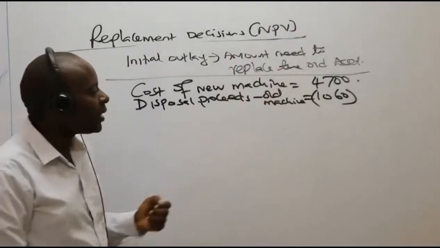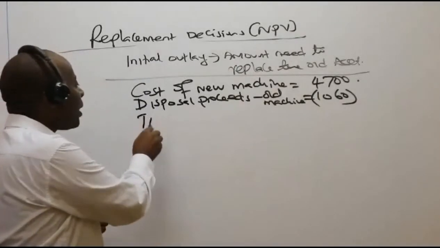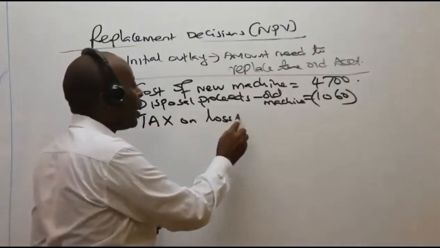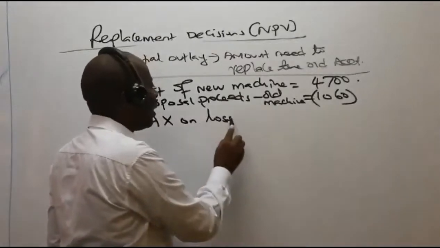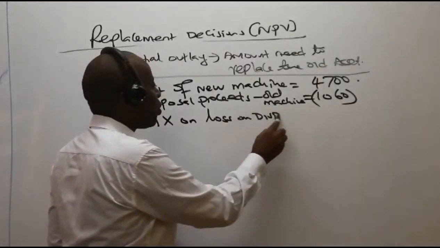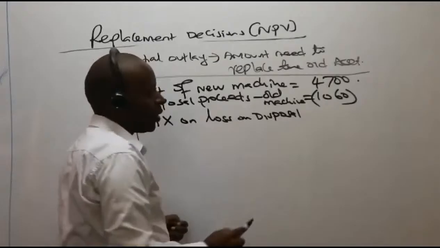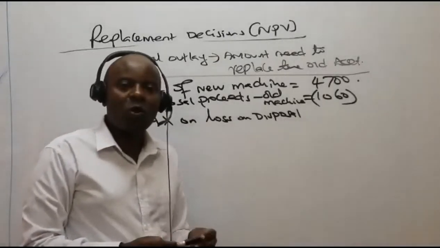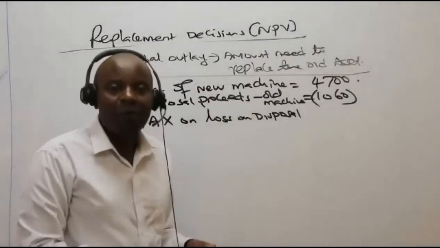The other thing, ladies and gentlemen, the taxman. So we have here tax on loss, loss on disposal. Remember, we made a loss on disposal.